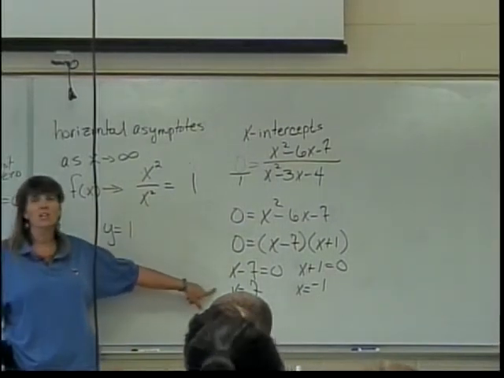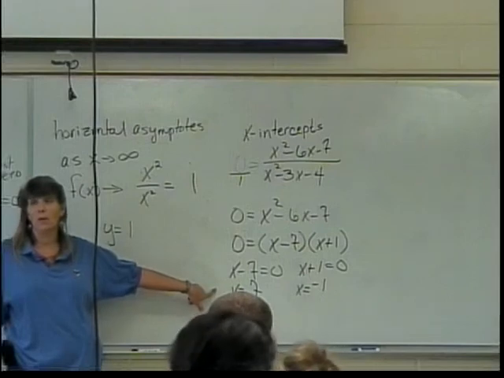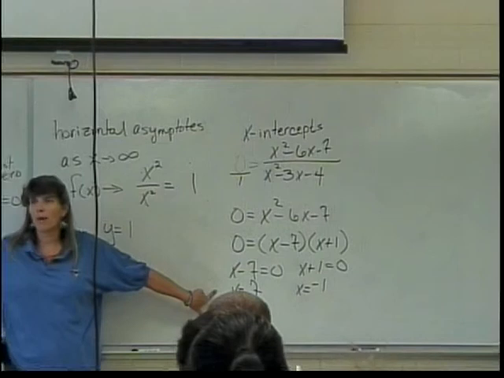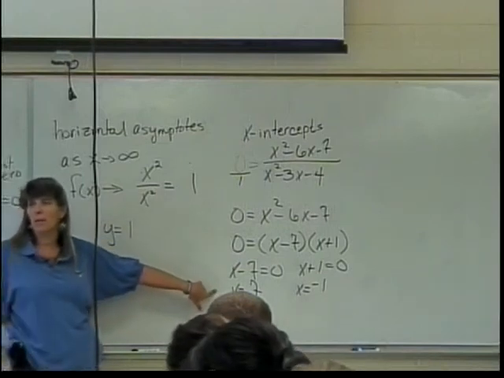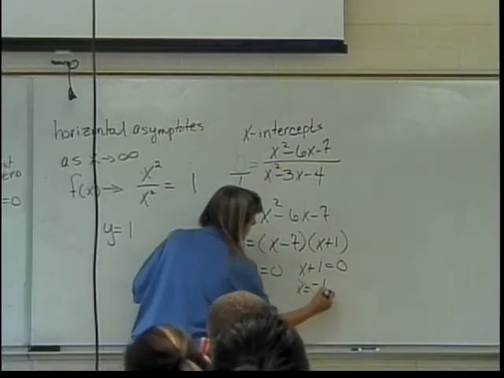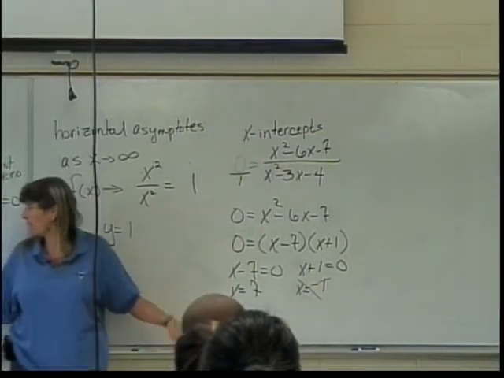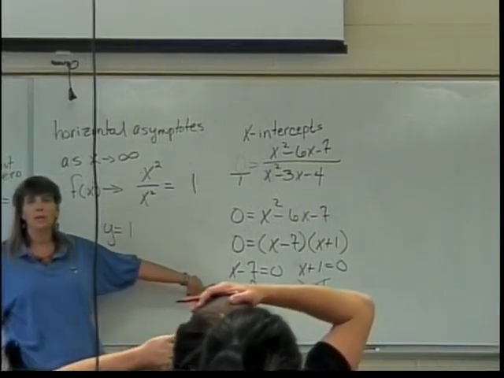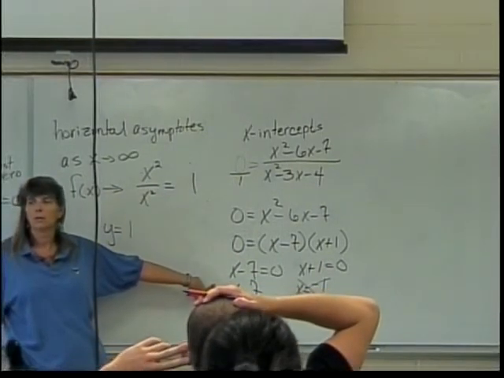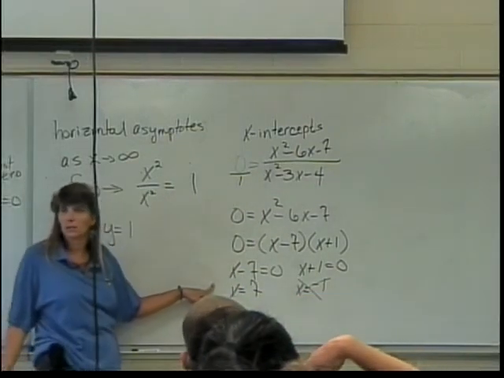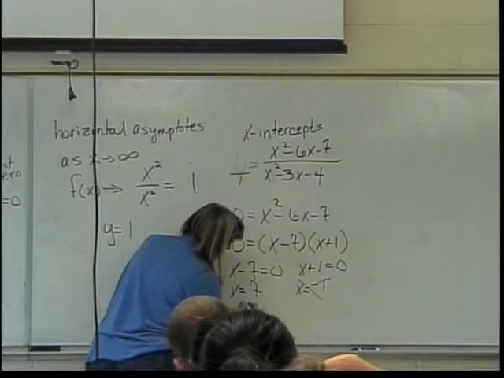You need to make sure neither of these makes your denominator 0. We already know what makes our denominator 0: 4 and negative 1. So what does that tell me about my negative 1? It cannot make an x-intercept because it made my denominator equal to 0. I found that out over here. So my only x-intercept happens when x equals 7. How do I write that? 7 comma 0.